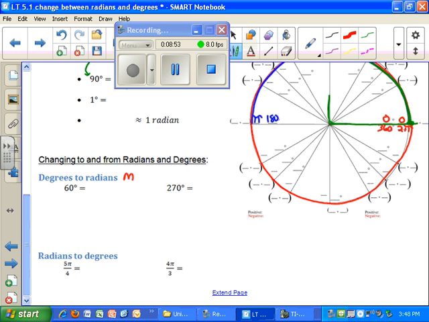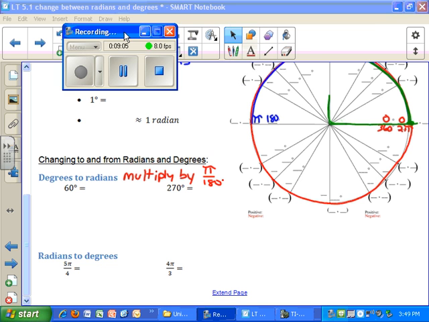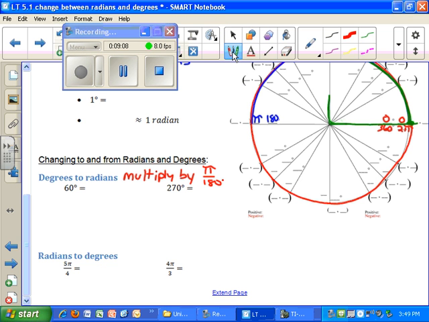We're going to have to multiply by pi over 180. And so that's a rule that I would highlight. Okay, so changing from degrees to radians, I would highlight that as something important. You have to multiply by pi over 180.